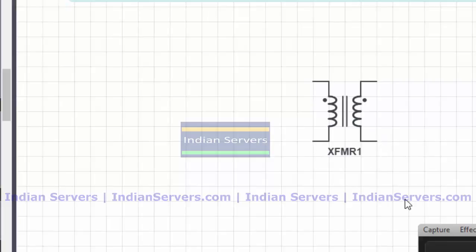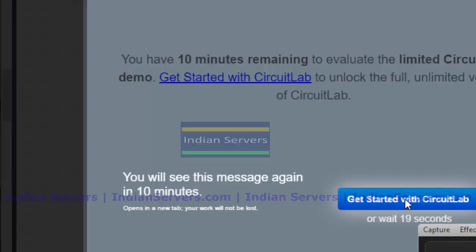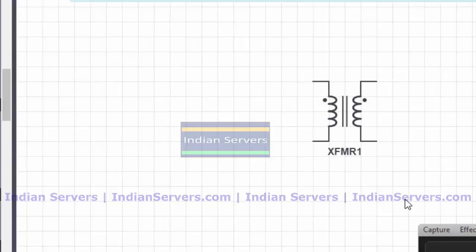Coming to types of transformers, we have two types: one is the step up transformer and the other is the step down transformer. In a step up transformer, the voltage is going to be stepped up. Say for example, if I give 12 volts to the step up transformer, the 12 volts will be increased to 230 volts if I use a 12 by 230 step up transformer.